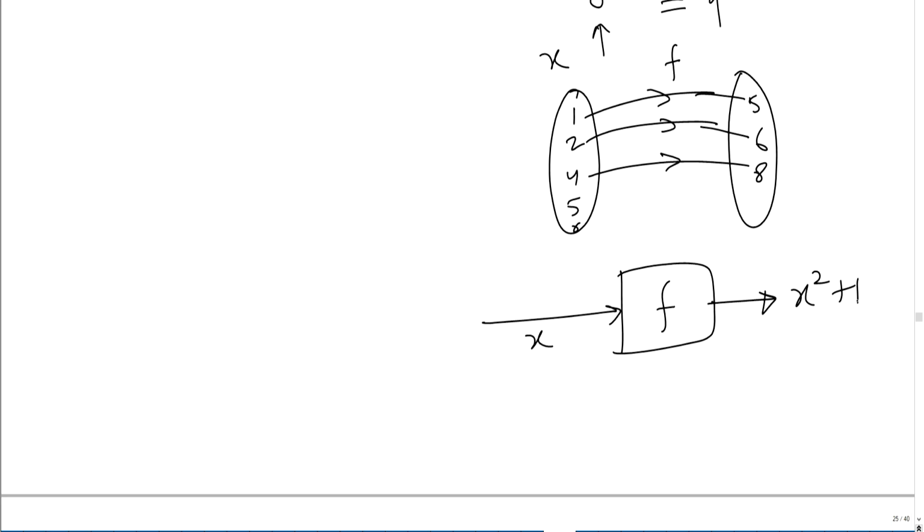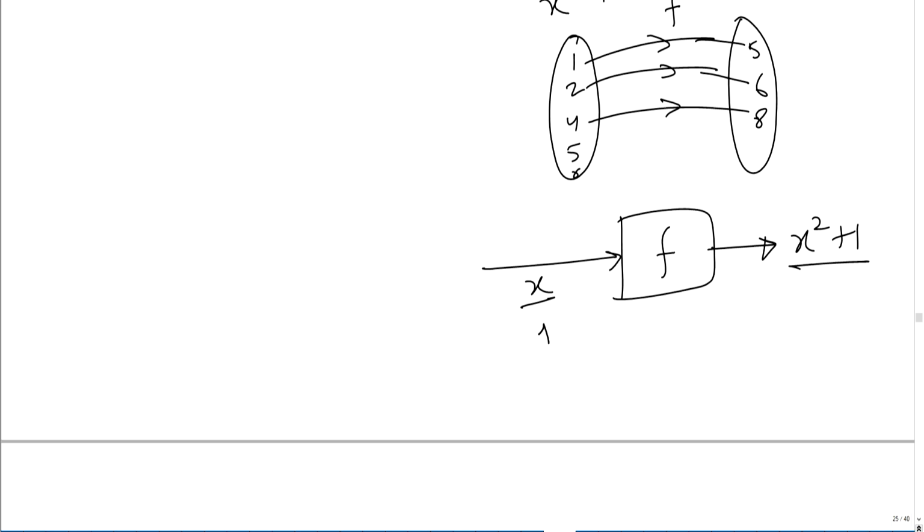If it takes the input 1, then the output would be 1 square plus 1, which is 2. If it takes the input 2, the output would be 2 square plus 1, 4 plus 1, 5, and so on.